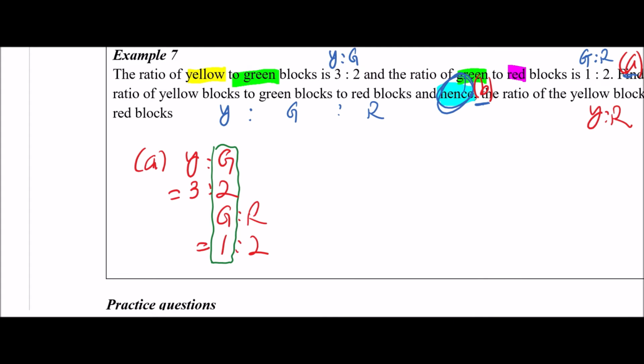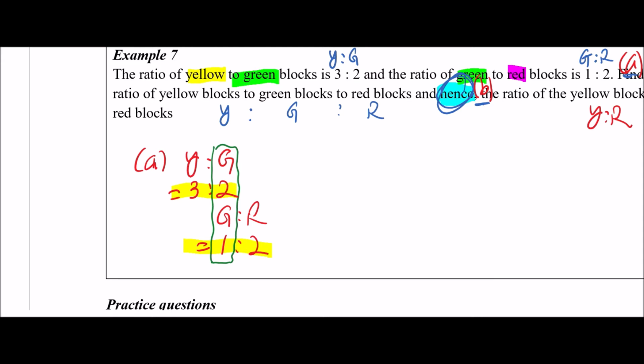There are different ratios because they are compared to yellow and compared to red separately. The same number of green blocks, when compared to yellow and to red separately, gives us two different ratios at the end. But you know that the number of green blocks is the same in both ratios.